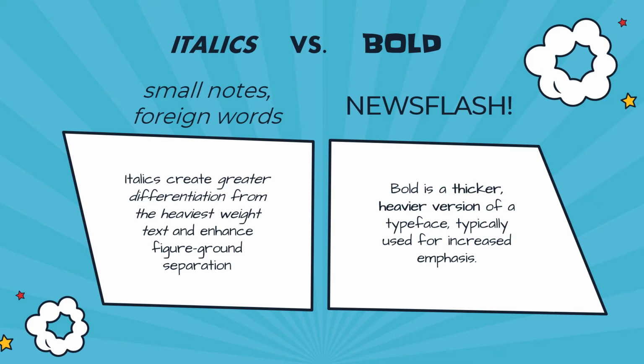In typography, bold is well understood as a means to create emphasis. Bold is a thicker, heavier version of a typeface typically used for increased emphasis. Next to italics, bold type is most widely used for emphasis. It is difficult to ignore words set in bold type.